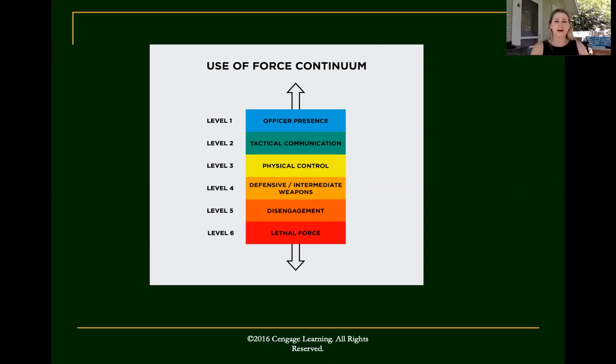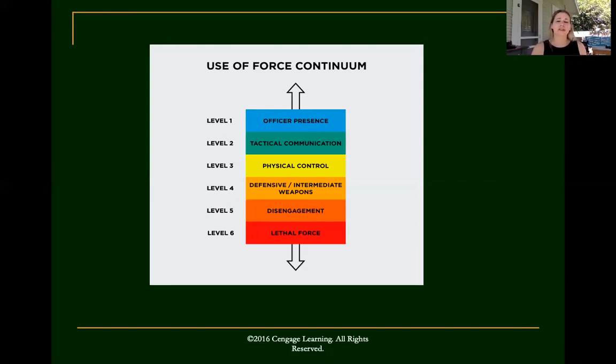So an officer showing up on the scene details a level of force, because just by your mere presence, you're showing a person or persons that they need to comply, whether that's to respond to your questions or to submit to your authority in some way, shape, or form, right? Tactical communication is when you as an officer would say, stop, or empty your pockets, some type of verbal command, right?